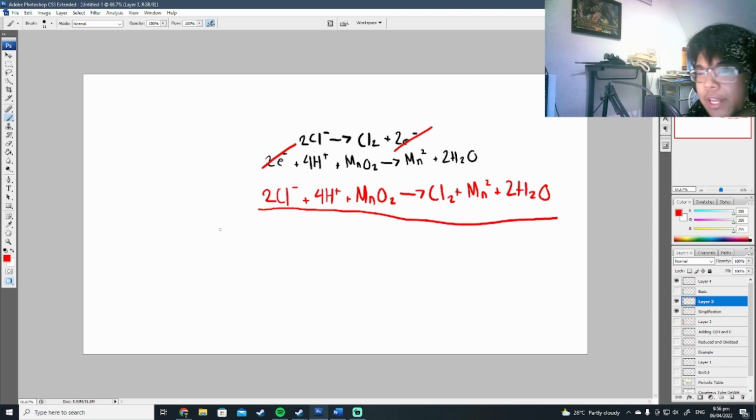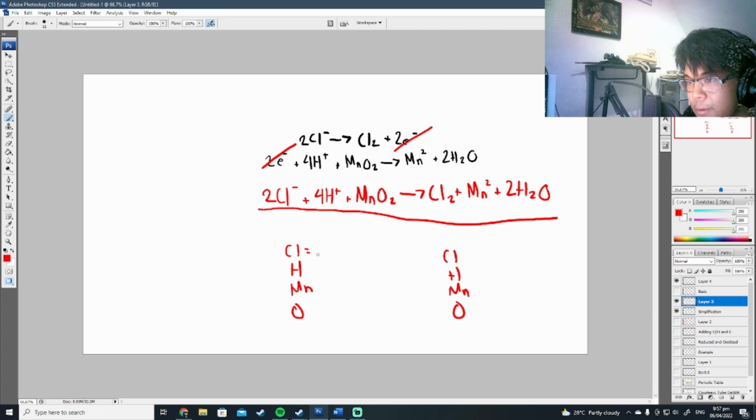There is a way to check if you're right, by the way. It's basically just balancing it, figuring out if it's balanced or not. For example, we have Cl, hydrogen, manganese and oxygen on one side, and Cl, hydrogen, manganese, oxygen on the other.